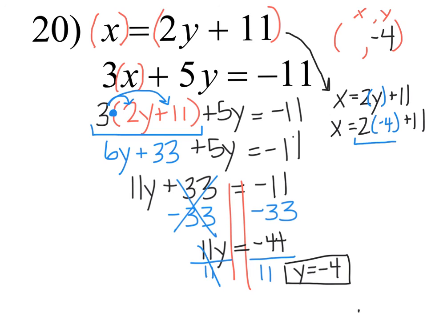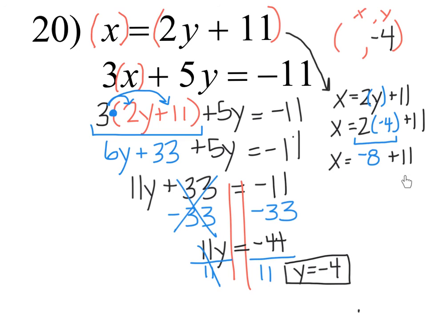Two times negative 4 is negative 8. X equals negative 8 plus 11. Now I have to either use my calculator or put on my positive and negative memory hat. And remember that I've got 11 positive players, 8 negative players. The positives win.